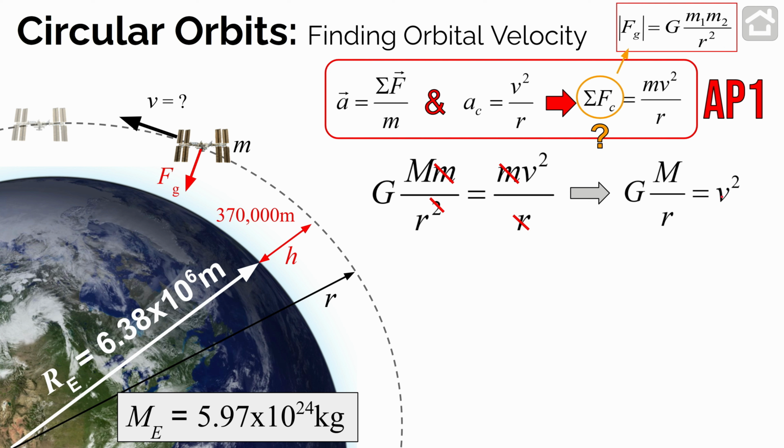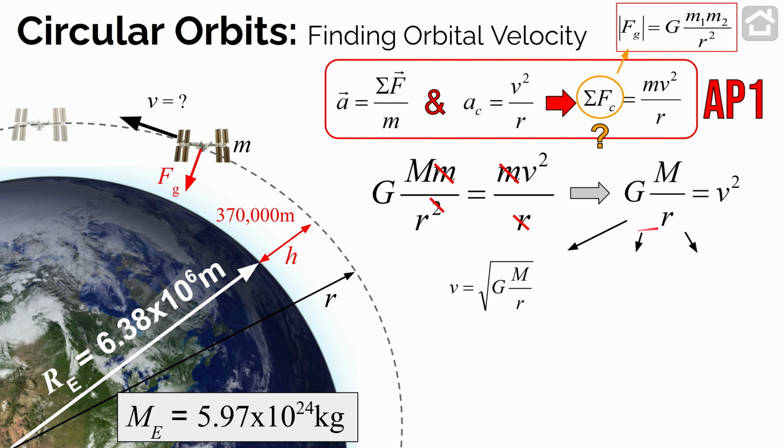We're trying to figure out how fast the space station needs to be traveling, so we just need to solve this for v. And it's almost there. We just have to take the square root of both sides, and we get that the needed orbital velocity for something to be in circular orbit around any massive body is equal to the square root of the universal gravitation constant times the mass of the thing you're orbiting divided by whatever orbital radius you need to be at.